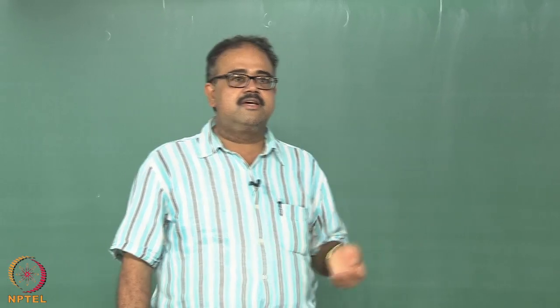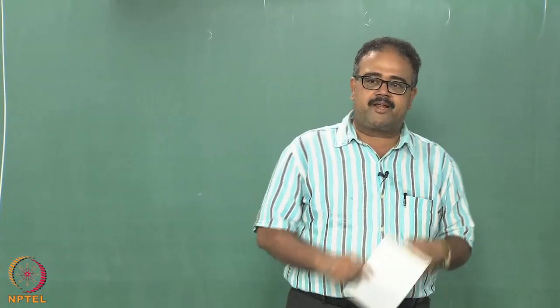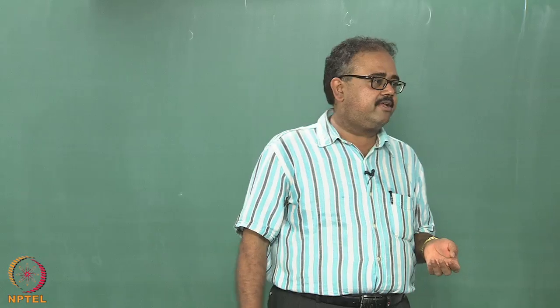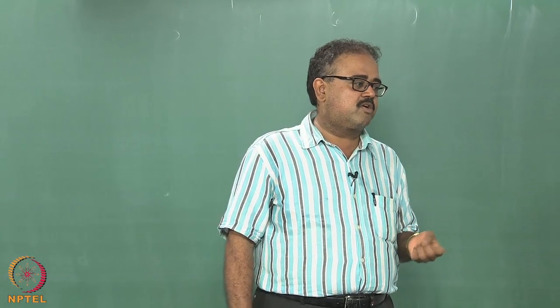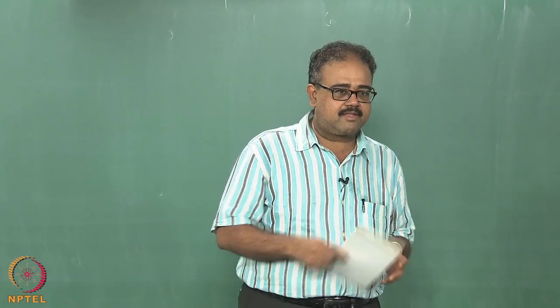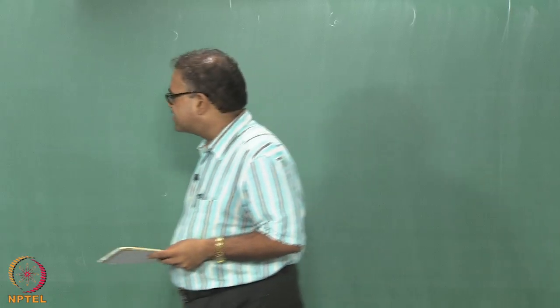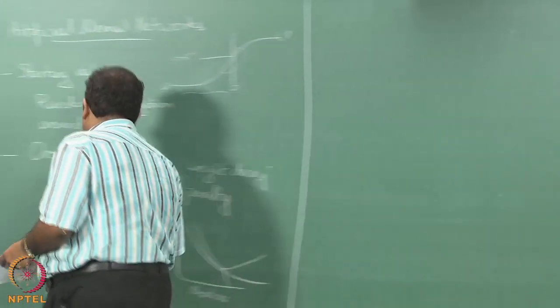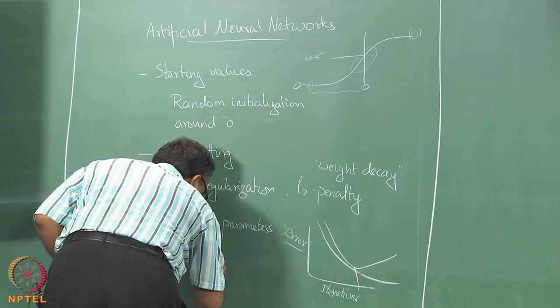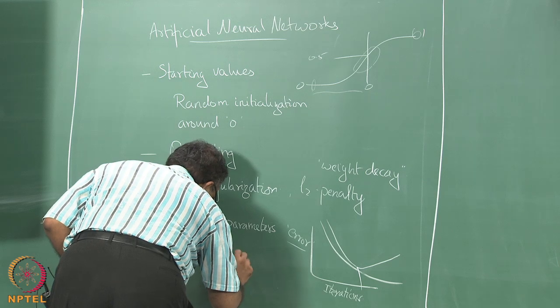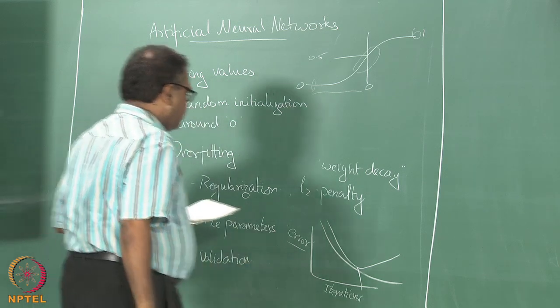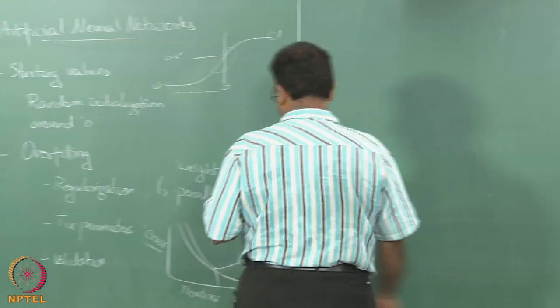Keep doing this. So that way you are reducing the number of parameters heavily, but you are not affecting the output too much. So like that there are many variations on it, but these are the three things that we have to think about. Okay.